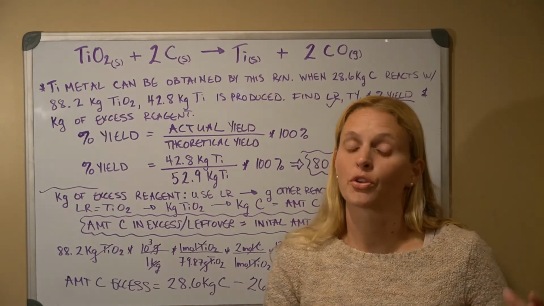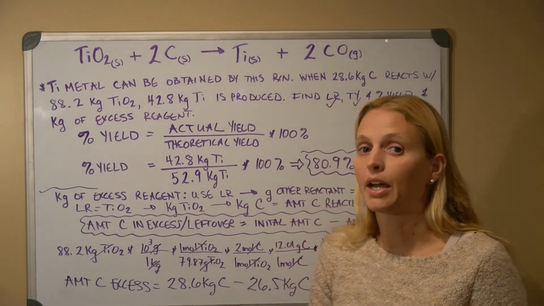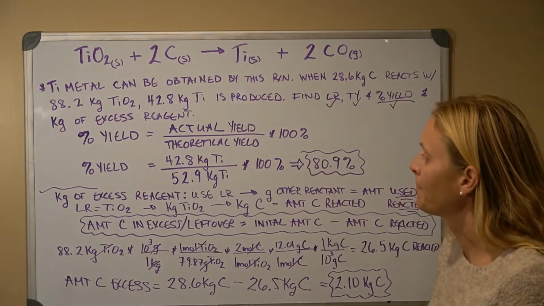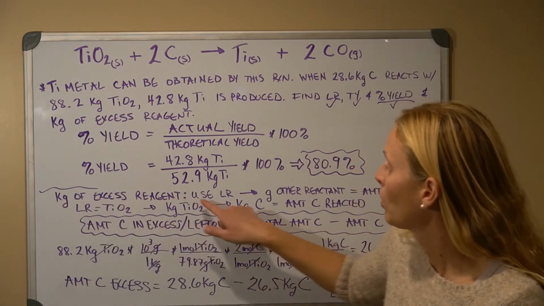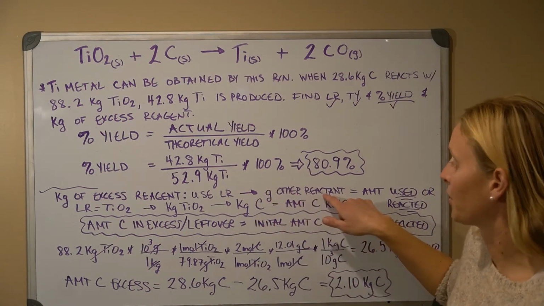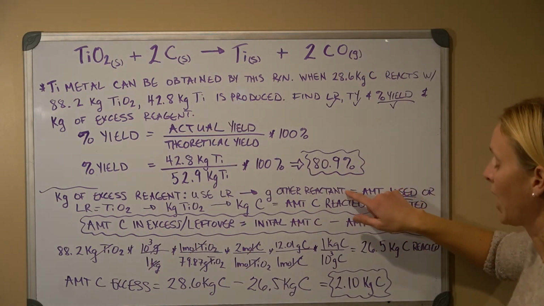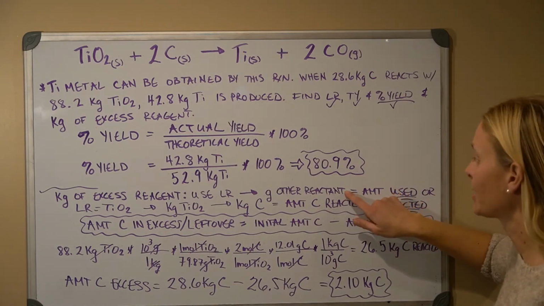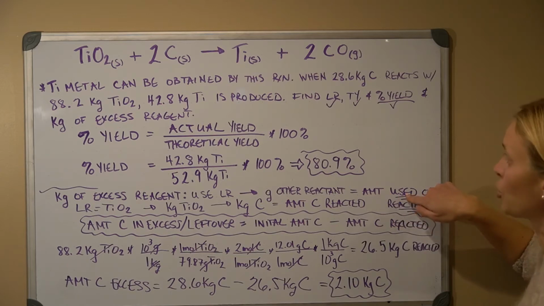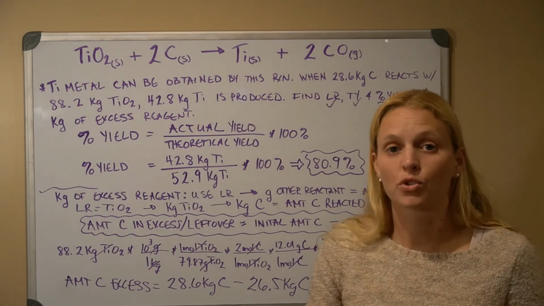It's going to dictate how much other reactant reacts with it, and then how much is left over of any other reagents. Okay, so we want to use the limiting reactant to convert to grams of the other reactant in this problem. When we do that, that mass of the other reactant is going to tell us the amount of the other reactant that was used, or reacted.